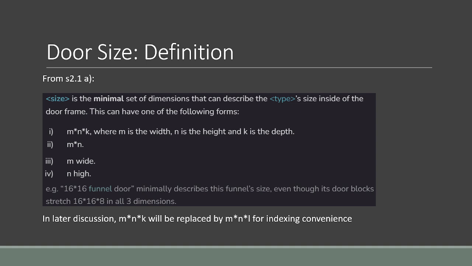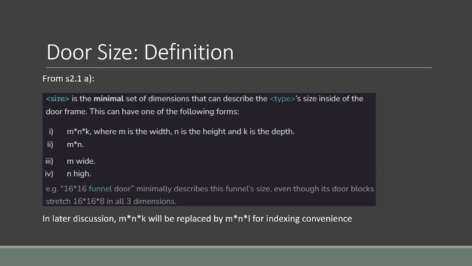Now, the important thing isn't the four forms, it is that size is the minimal set of dimensions. Here, the gray text gives a good example. The 16 by 16 funnel door minimally describes the funnel size, even though its door blocks stretch 16 by 16 by 8 in all three dimensions.